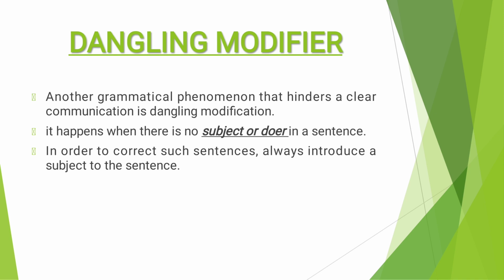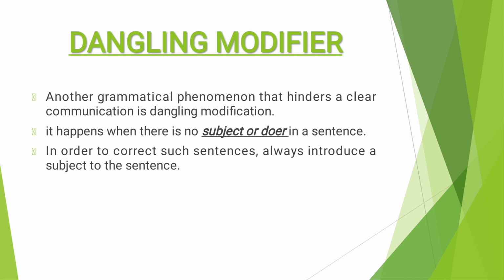We are saying that in order to correct such sentences, how to tackle it in exams is what I'm emphasizing. In order to correct such sentences, always introduce a subject or a doer to the sentence.